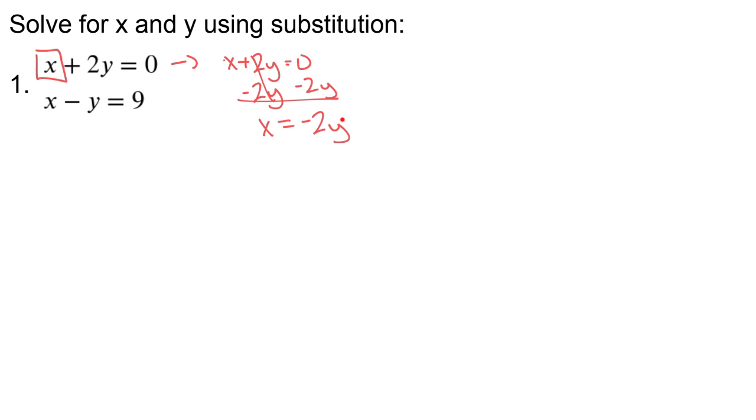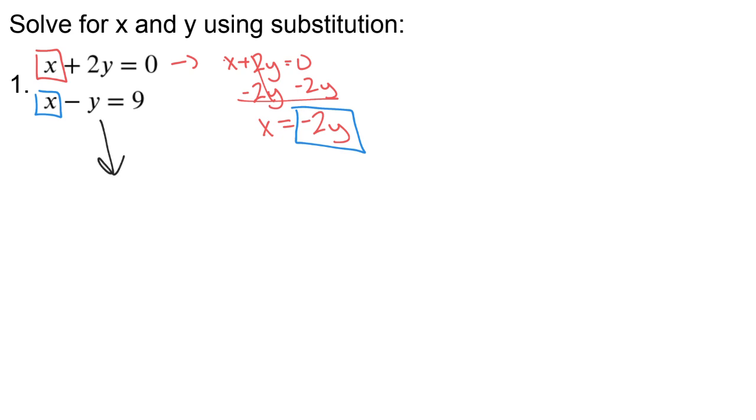We are going to use this and substitute it into this equation right here. So wherever we see an x, we're going to take what x is equal to and put it in the x spot, because I know x is the same thing as negative 2y. So wherever we see an x, we can put negative 2y instead.